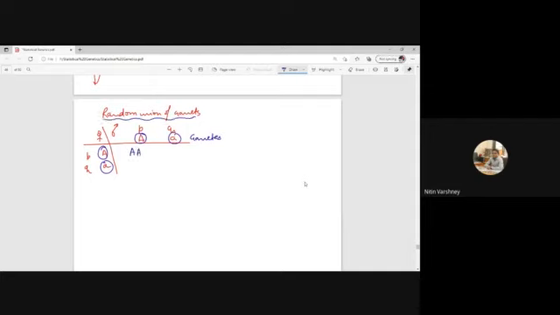In the next generation this will be capital A capital A, capital A small a, and small a small a. See, the frequency of capital A capital A in the next generation is p square, and this will be 2 types, so this will be 2pq, and this is q square. So by making this random union of gametes, I can get random mating of individuals.